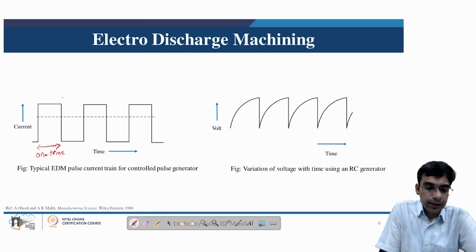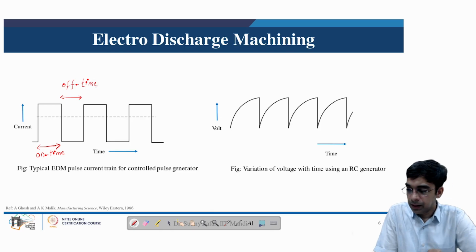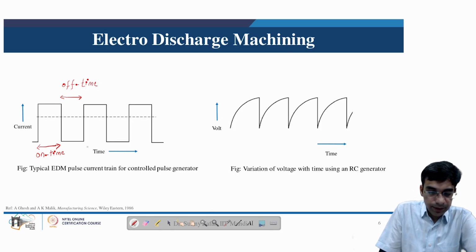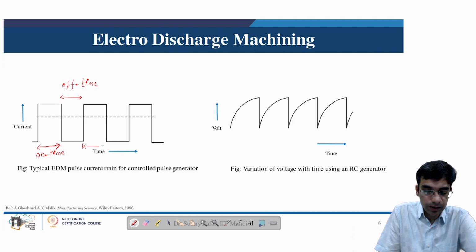Then in the adjacent duration, the current is switched off, and this is known as the off time. Subsequently, one cycle of this charge and discharge is completed with one on and one off time. So this complete up to here is one cycle.